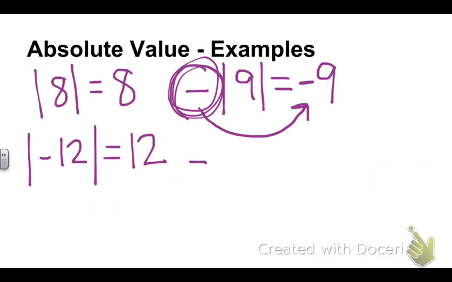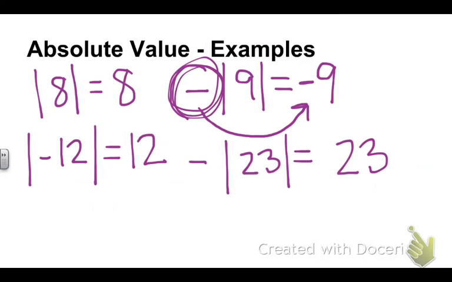So let's try another one. What if I have the opposite of the absolute value of 23? Well, the absolute value of 23 is 23, but what's the opposite of +23? -23. So let's do another example.